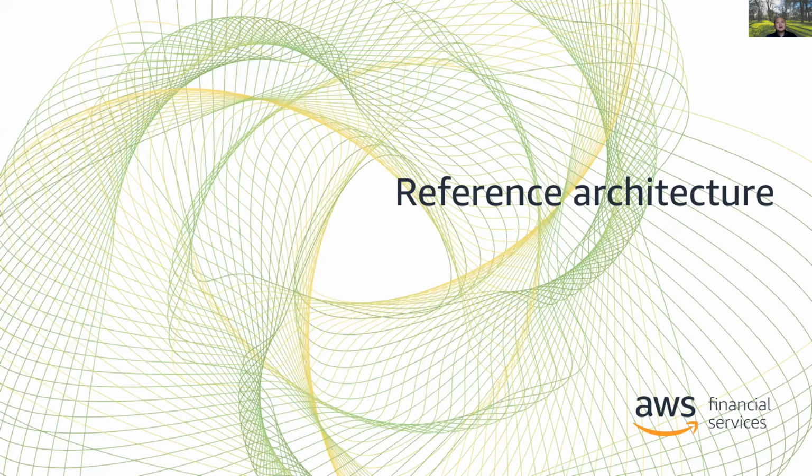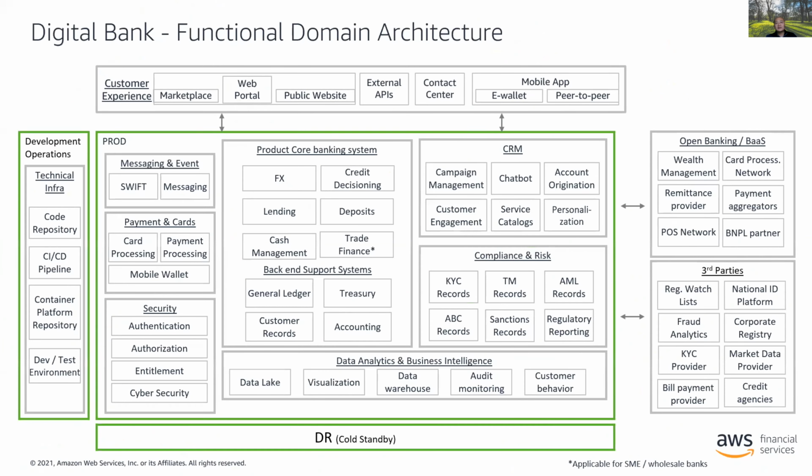I want to show you a few slides for the reference architecture. First of all, when we're working with any banking customers, we work with them to develop this functional domain architecture. As you can see on the screen, whether you are talking about payment, lending, mortgage, or analytics, these are the business domain architectures that we work on together with our customers.